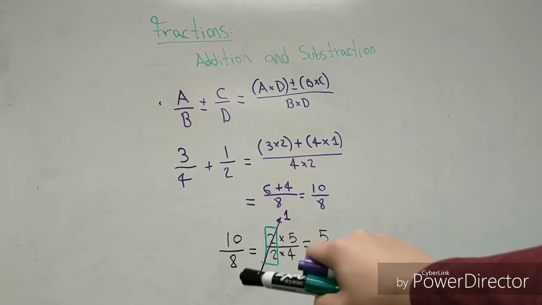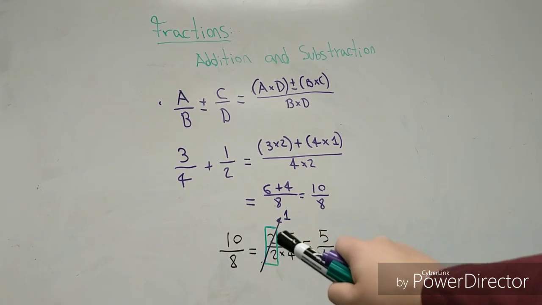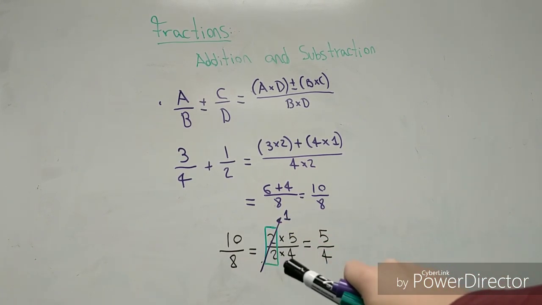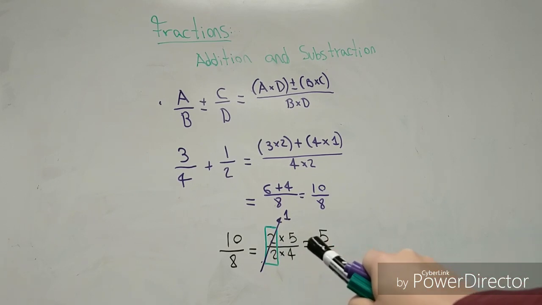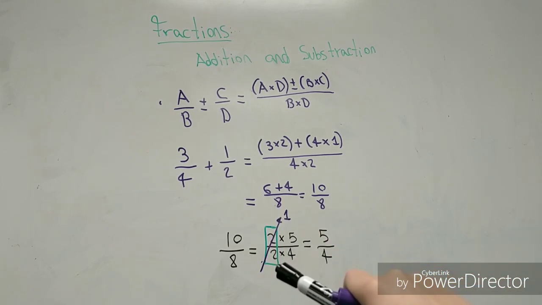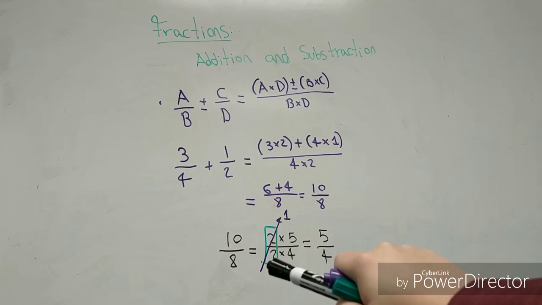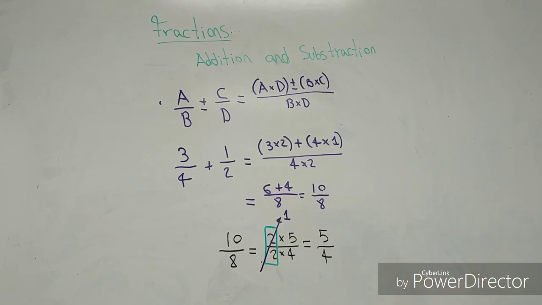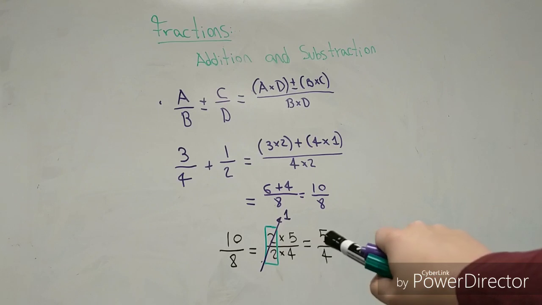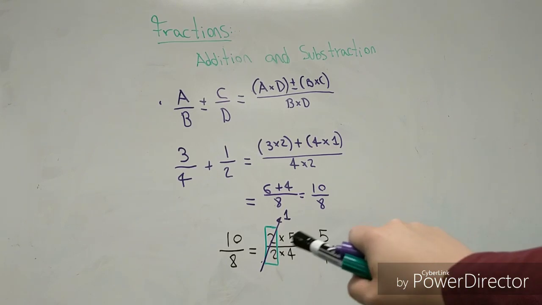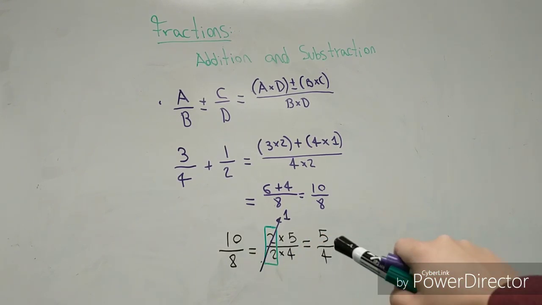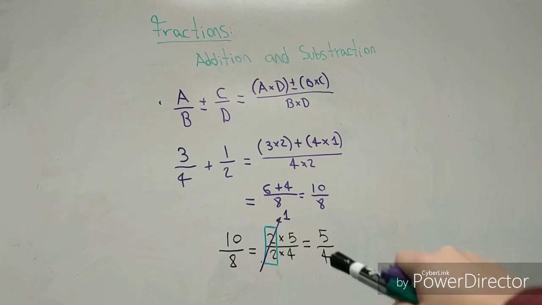If they are both even, then we can write 2 times something and 2 times something. In this case, it's 2 times 5 and 2 times 4. And every time we divide a number by that same number, that's 1. That's going to be 1 forever. So, as an equivalent fraction, 10 divided by 8 is the same as 5 divided by 4.